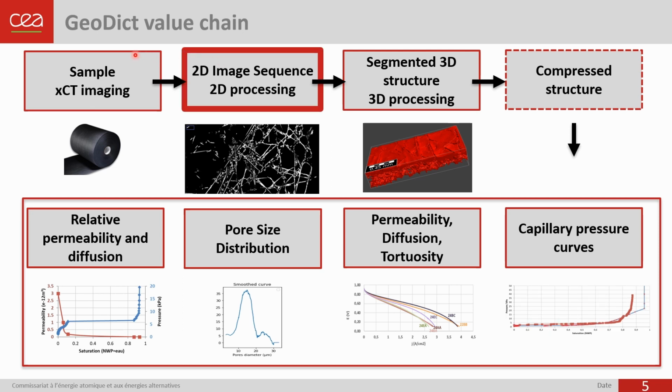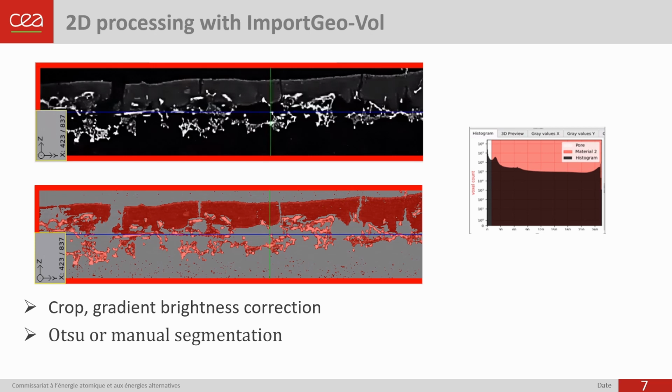So first, I will talk about how I imported the 2D image stack into GeoDict to reach the final 3D structure. There is some processing to do on the 2D image stack to clean the images obtained by tomography, because there is noise to remove. There is also a crop to make to select the region with which we can work, and also correct the brightness.